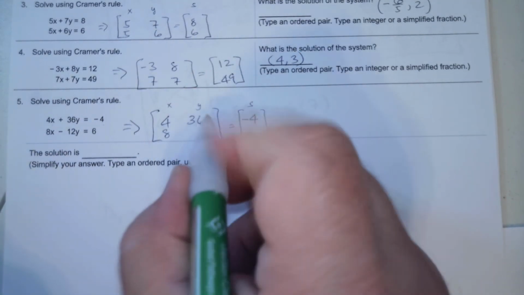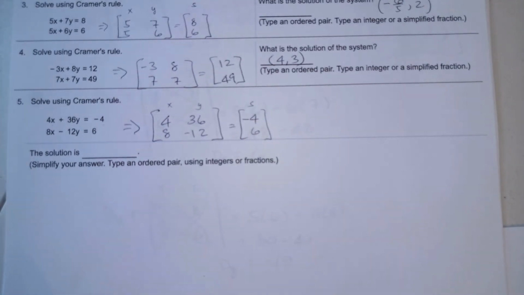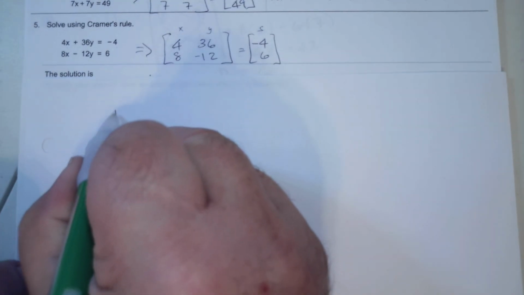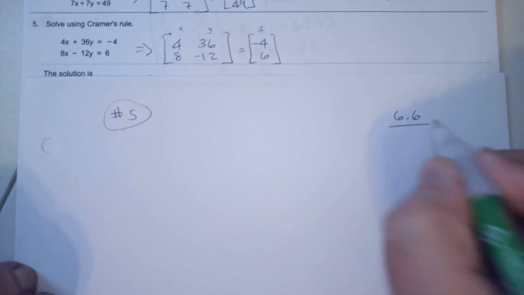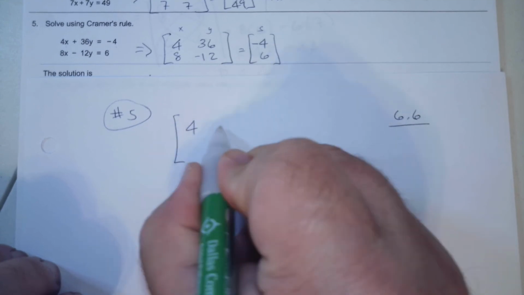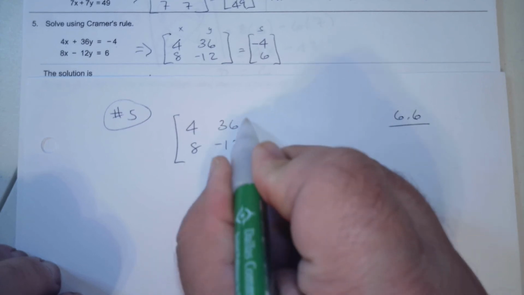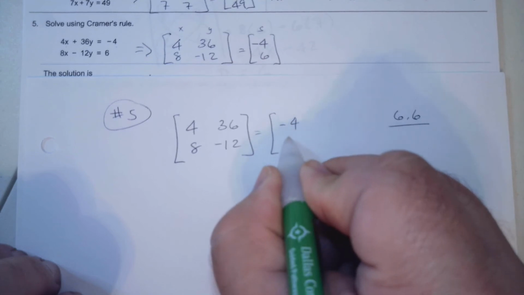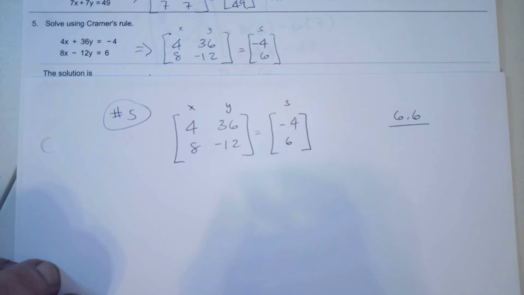We have 8, negative 12, 6. So this is number 5 on 6.6.